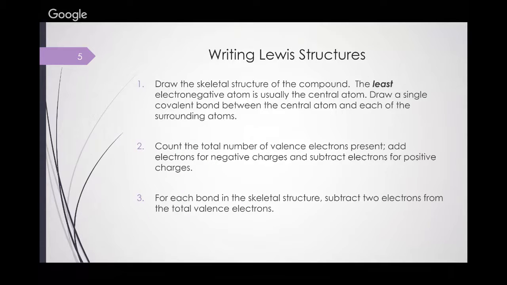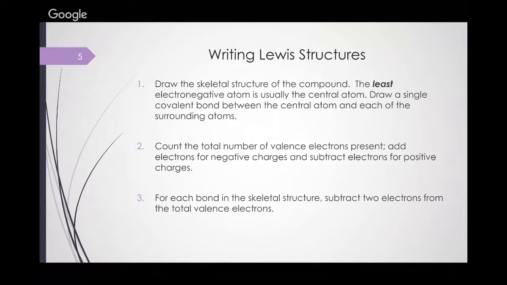So how do we write Lewis structures? We draw our skeletal structure first. We're going to identify our central atom, which typically there's just one of that particular atom. And most oftentimes it's the least electronegative. We will always draw 1 bond between all of the atoms that surround the central atom. We have to make sure we count our total number of valence electrons, going off of group numbers, to make sure that our structure makes sense when we're finished with it.